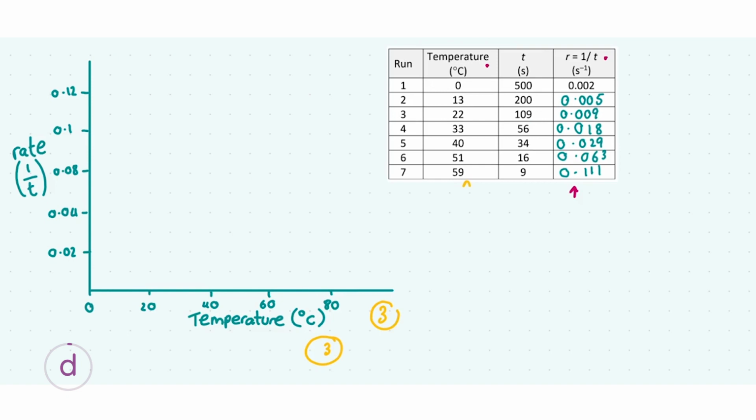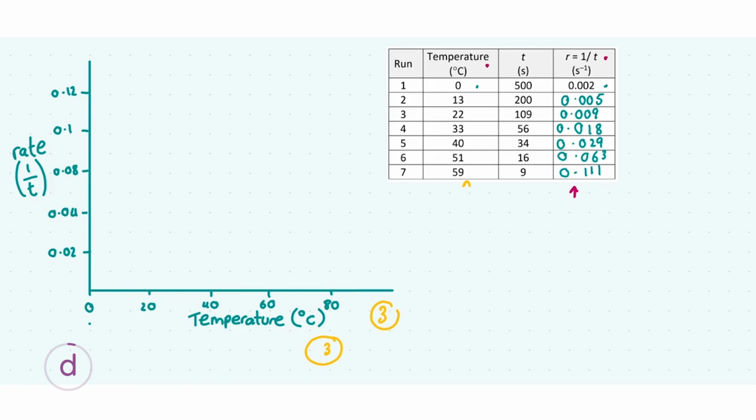Then you have the rate here. The last rate is 0.111, so we're covered. Now let's start plotting them. For the first one, we have a temperature of 0 and a rate of reaction of 0.002. So temperature is 0, which is here, and I'm going to use a purple pen to plot 0.002.